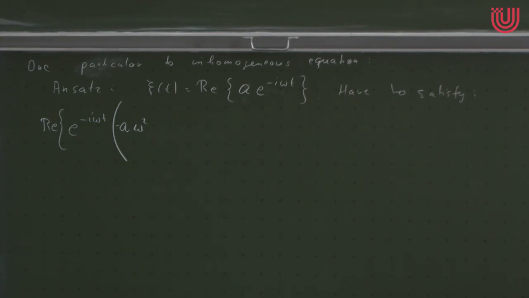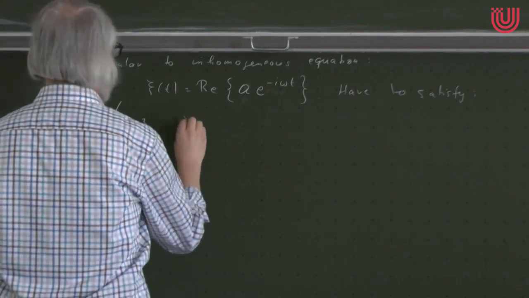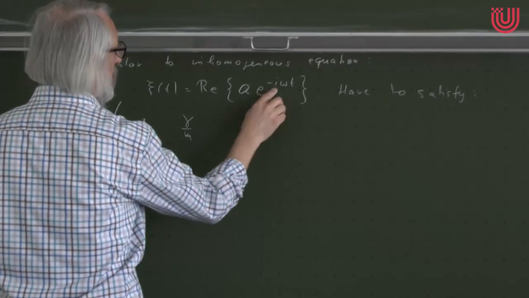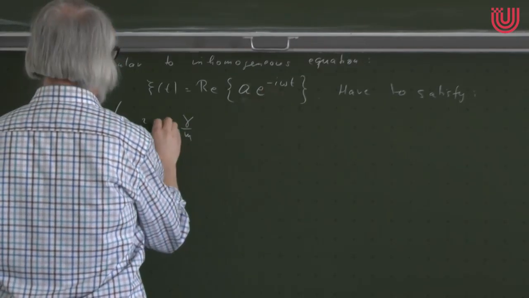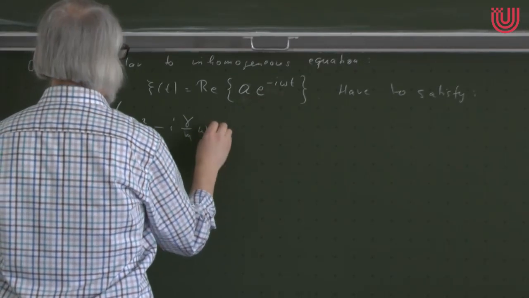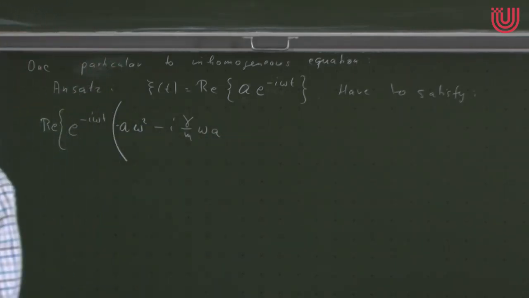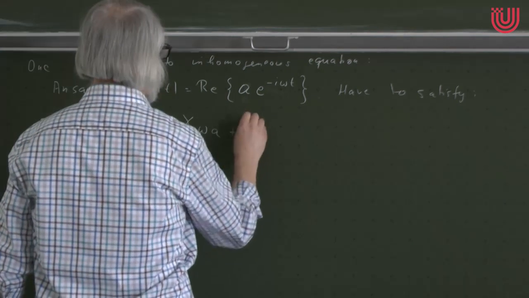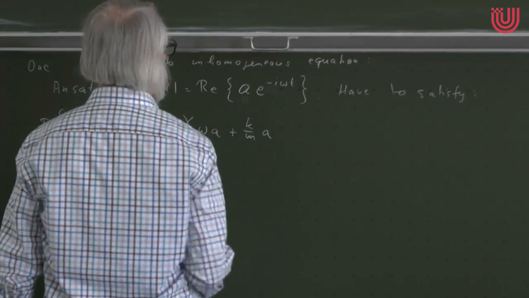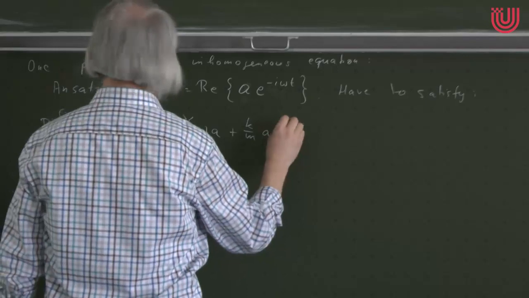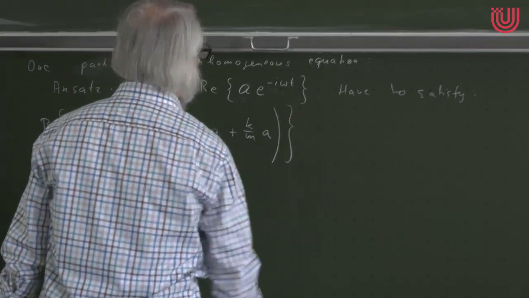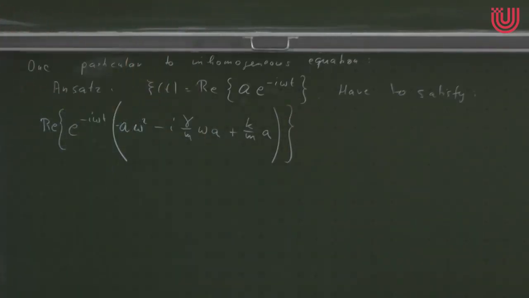Then the first derivative term, gamma over m, first derivative gives minus i omega, and the factor A. And plus k over m psi. A e to the minus i omega t is in front of everything. So that's the left-hand side of this differential equation.